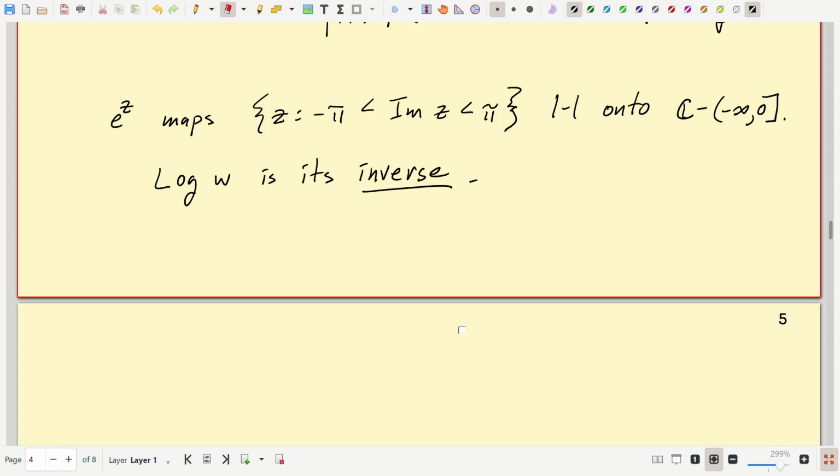Okay, so let's think about logs for a second. Let's write w equals e to the z. That's equal to e to the x times e to the iy. Okay, that's an r e to the i theta. So e to the x is the r, and this is the e to the i theta.